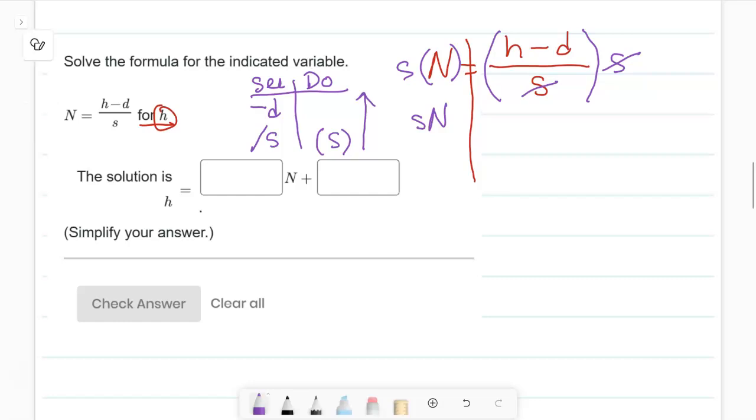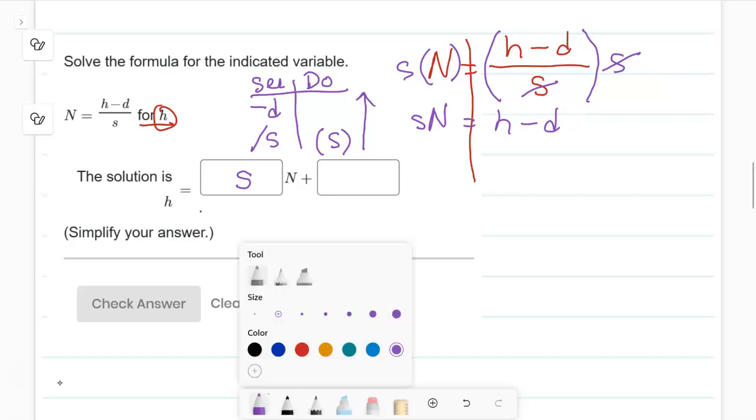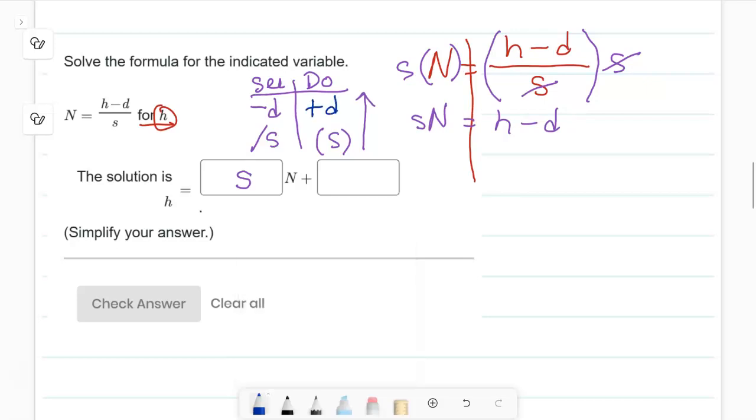So right here, look at the answer. There's an N right there. What's going to go in here? Lowercase s. Then we have equals H minus D. The last step is to add D to both sides so that this minus can cancel. I'm going to add D to both sides. And look right here, what does it say?